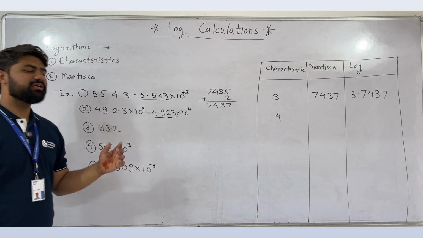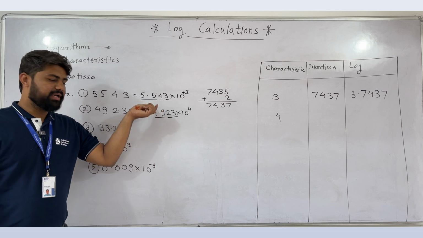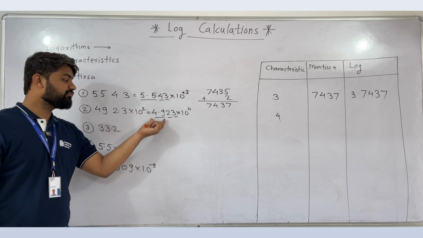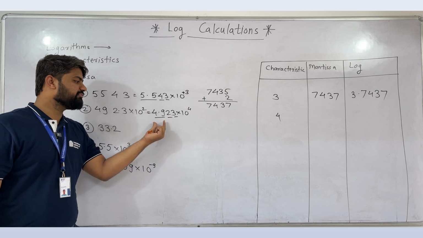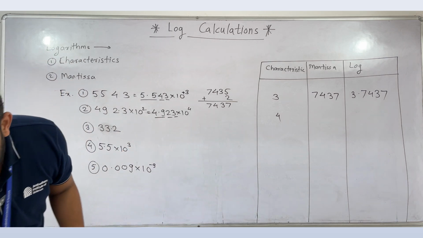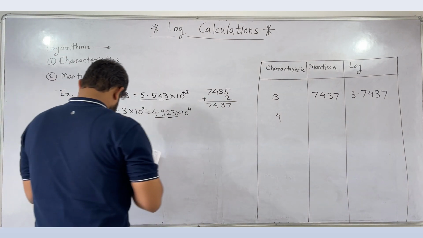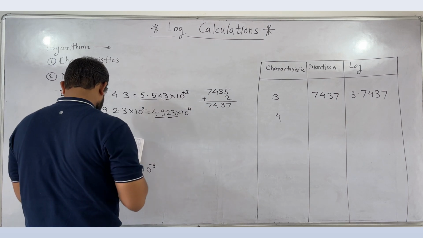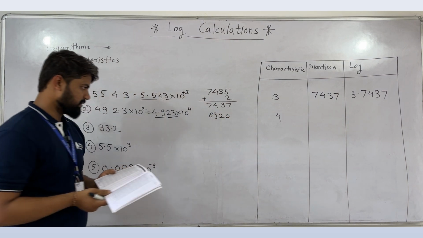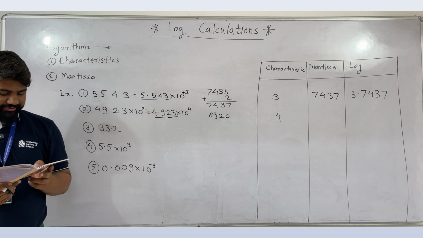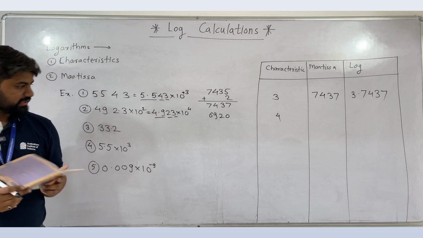Now what we will do is, we will take the first column, find 49 in it. Then we will take the row of 49 and we will find the column of 2. From this we get a number 6920. Then we have to find the mean difference of 3, which is 3.